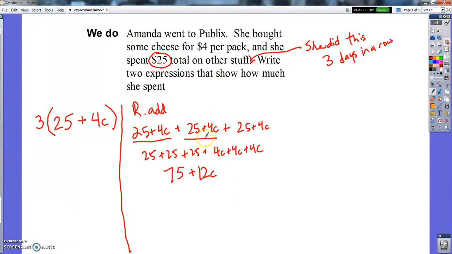That's one way I can do it. That's kind of a long and annoying way to do it. So it's not the way I'm going to prefer, especially if it was more than 3. If she did that like 10 times in a row, that would get pretty obnoxious.